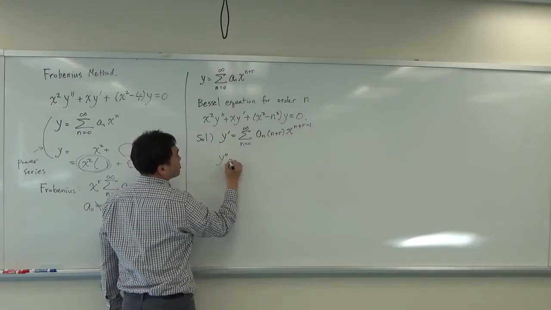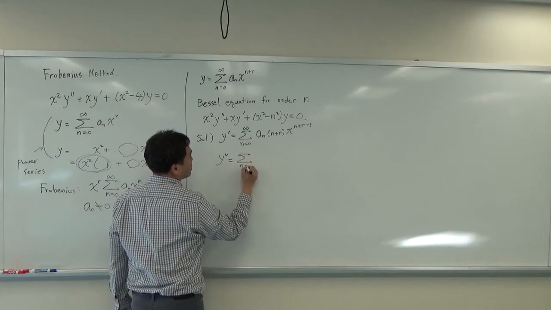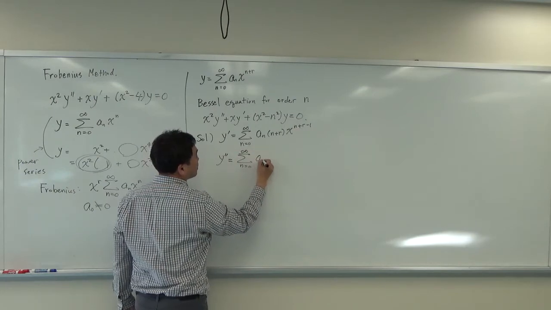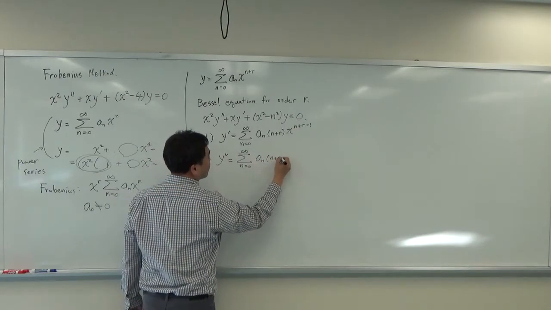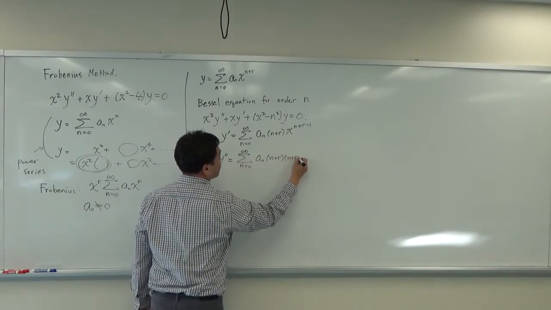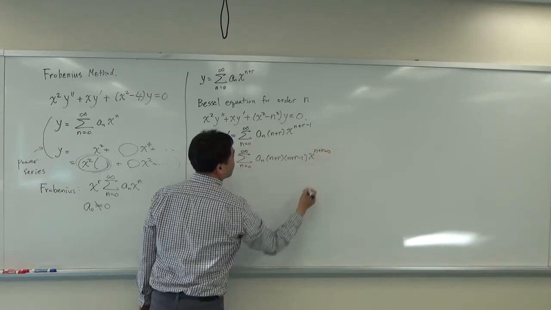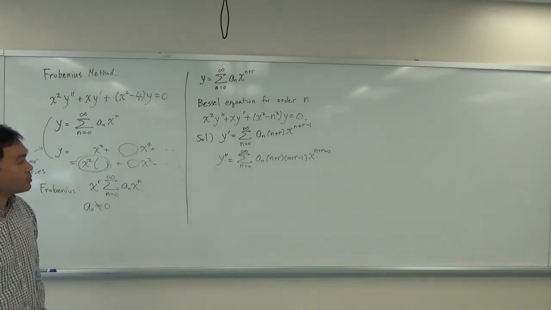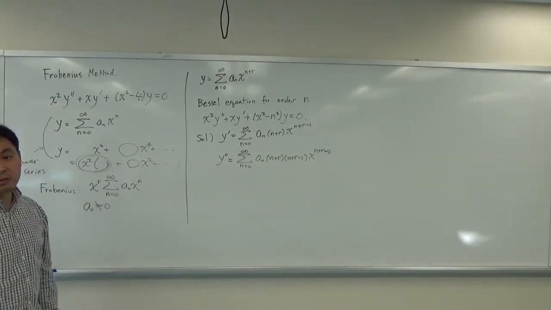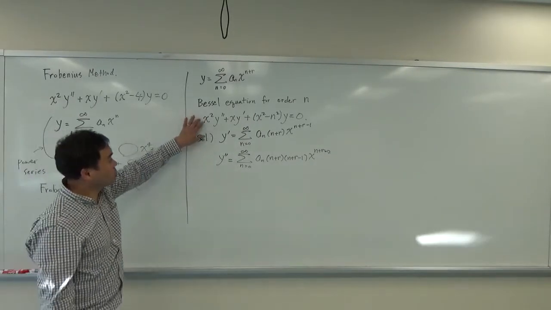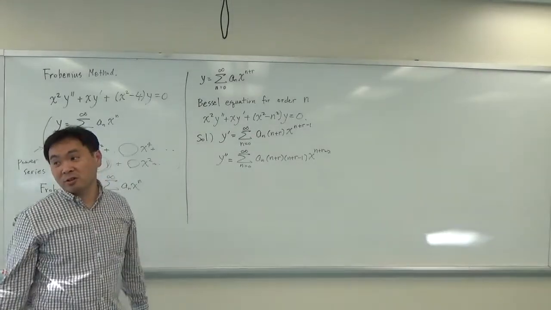Y double prime would be the summation n equals 0 to infinity of a_n (n plus r)(n plus r minus 1) x to the n plus r minus 2. And then we just plug these into the Bessel equation and see what we get.